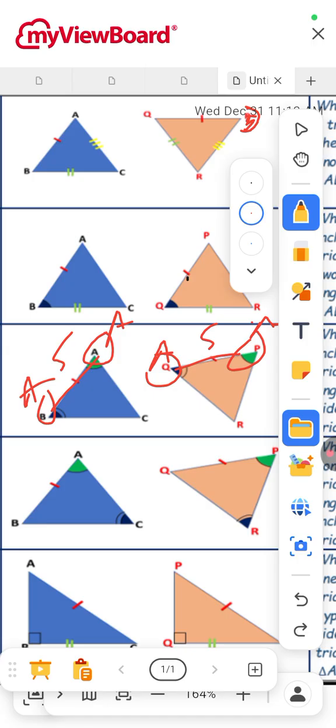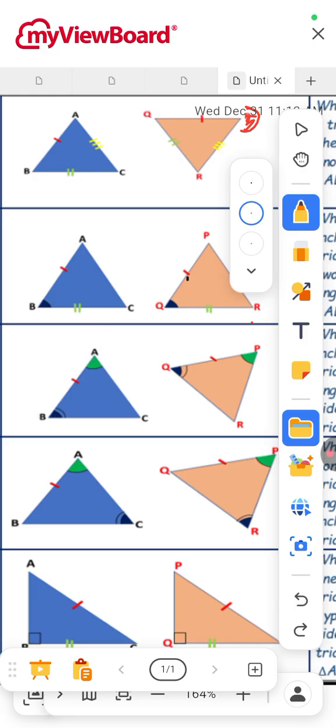Once I see this, I don't need to check any other thing for the two triangles. I can say that the two triangles are equal. And mind you, once you say that two triangles are equal, it means they will share every other thing to be equal. So this third angle here will also be equal already. That's what being equal means. If these two are already equal, the third angle will be equal.